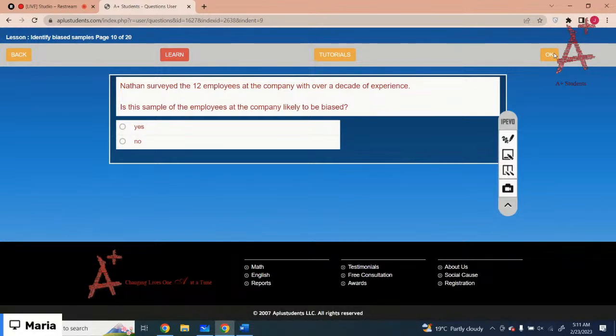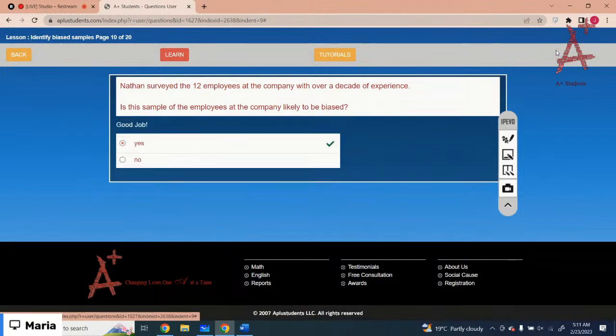Yes, the 12 employees are the ones who have a decade of experience, got it? And they are not similar to the other employees. So the criteria here is the decade of experience. So the correct option is yes.